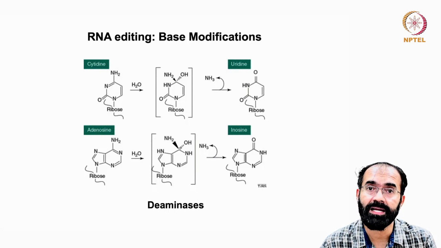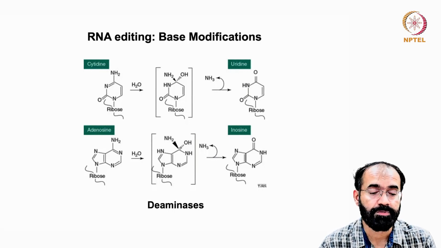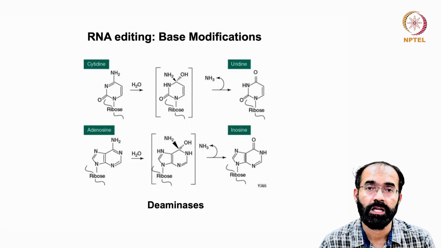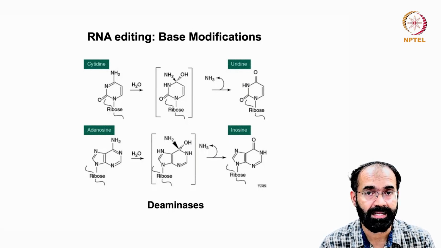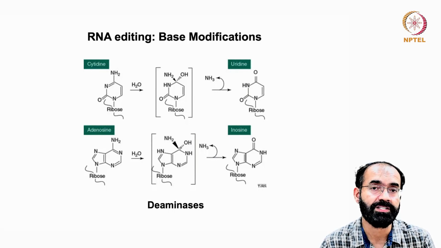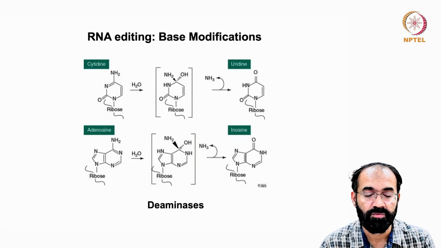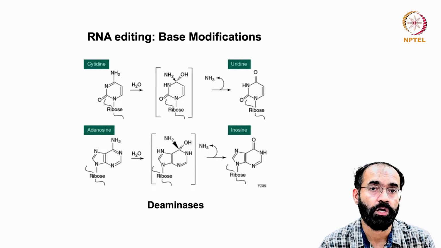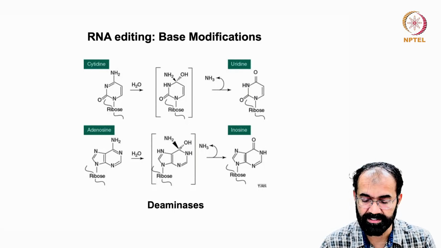So these are done by deaminases. Again I am specifying that not any random cytidine, the deaminase looks for certain specific secondary structure on the template mRNA and modifies only those cytidines, only those adenosines which are attractive substrates for this enzyme. So these deaminases are looking for specific secondary structure.